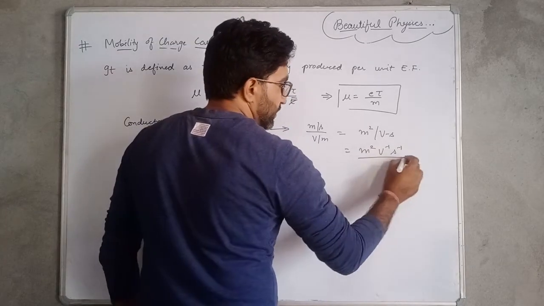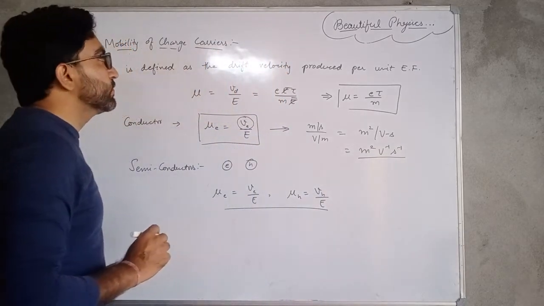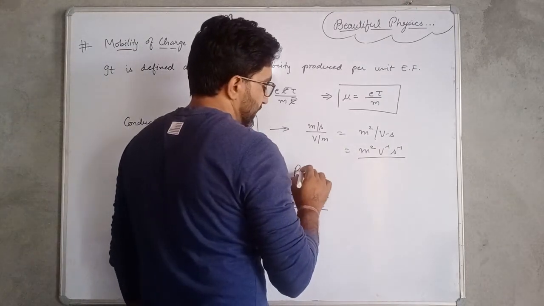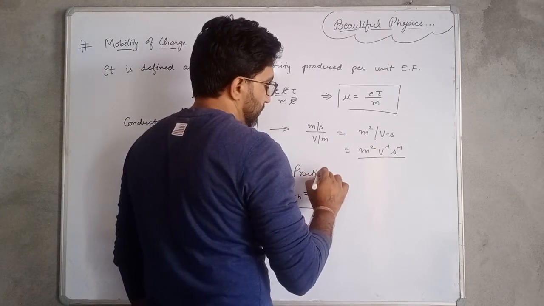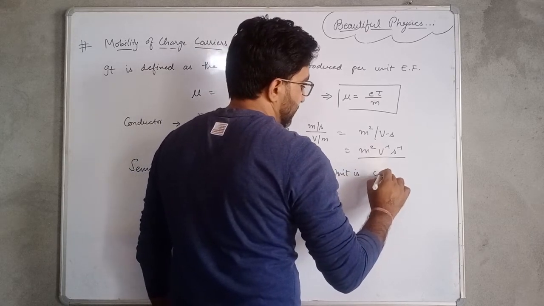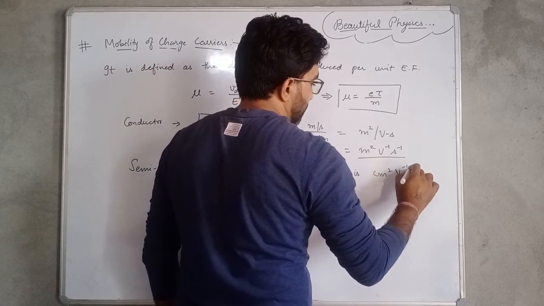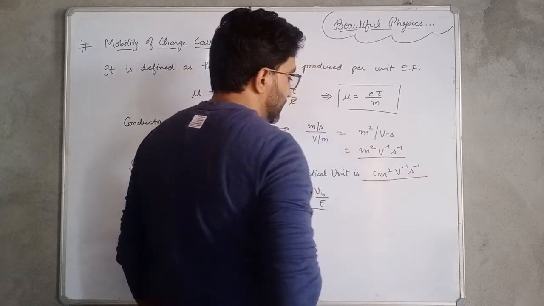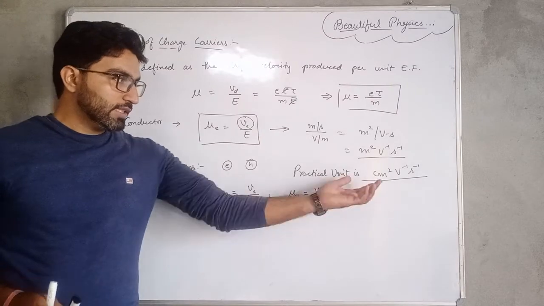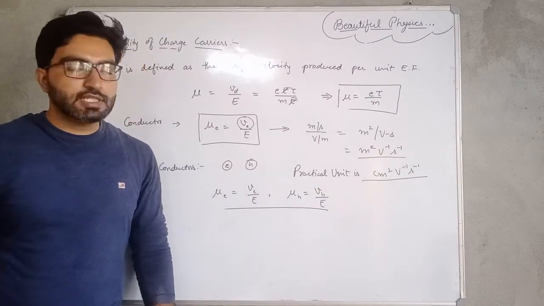It is the SI unit of mobility of the charge carriers, and the practical unit is centimeter square per volt per second, which is used in daily life.